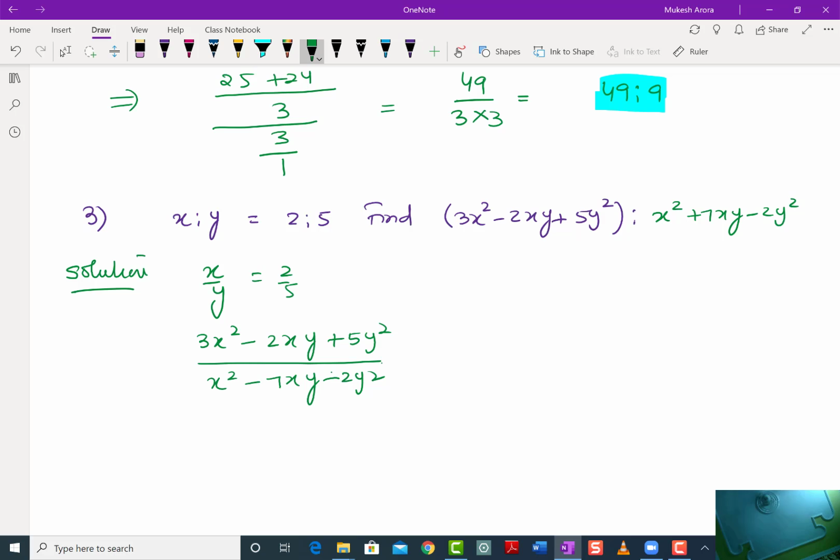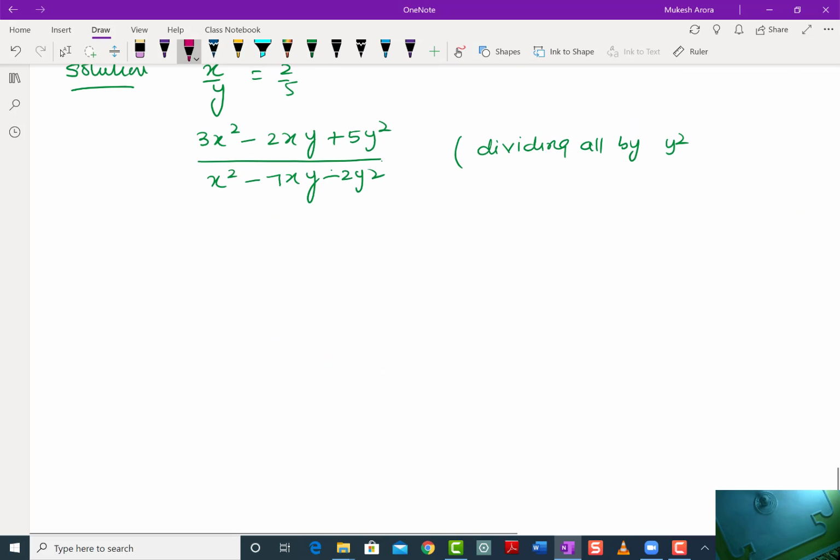If we divide it by, because this is x square, so dividing all by y square.